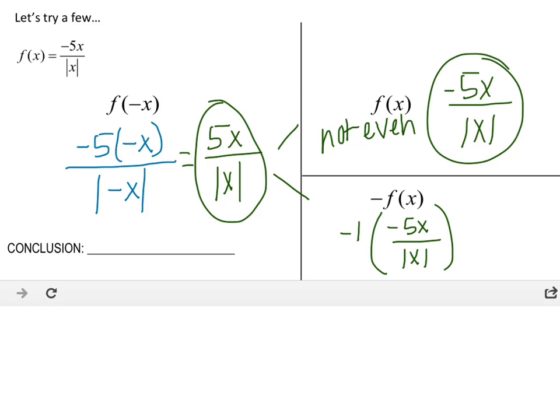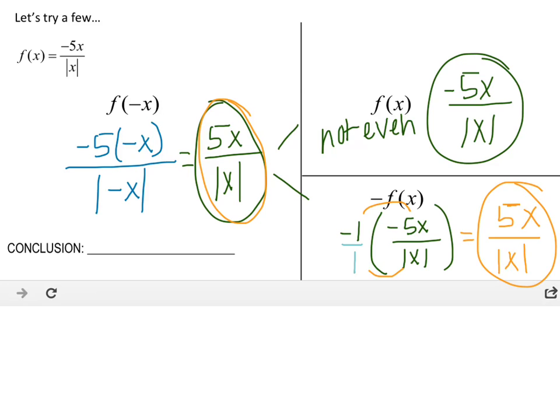Think of -1 as -1 over 1. So when you multiply a -1 into a fraction, it only changes the numerator, and the denominator doesn't change. So we have absolute value of x, and up top, -1 times -5x gives us a positive 5x. Now we compare it to here, and those are a match.